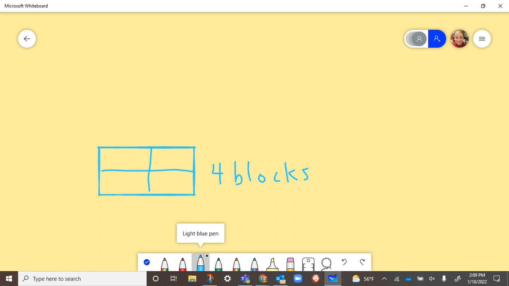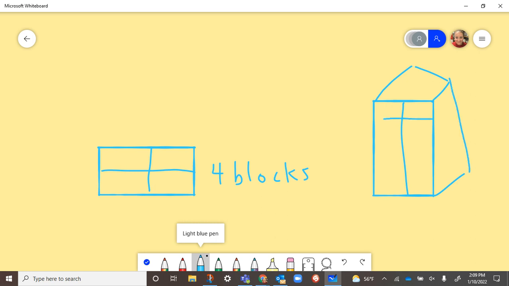And so what it looked like, excuse my beautiful art skills here. All right, so it looked like that as a 3D figure.